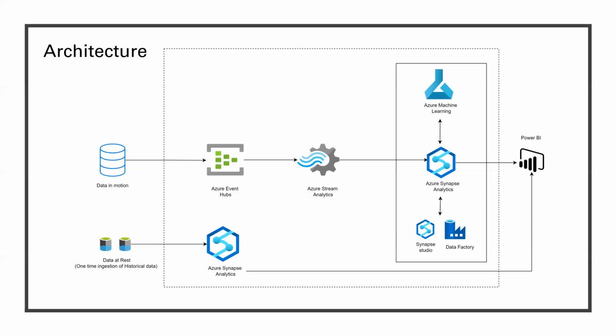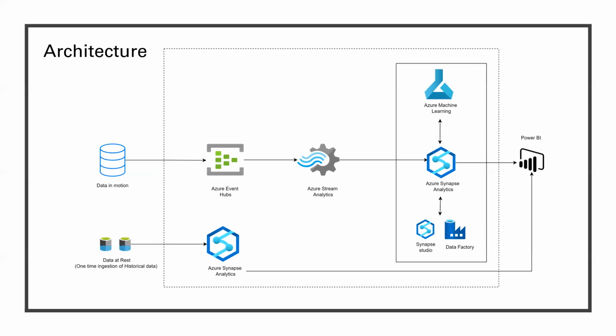So we discussed all the steps of how to design this oil and gas tank level forecasting. Before I move to the potential use cases, I will quickly go through the steps again. Here, the first step is that the data feeds into Azure Event Hubs and Azure Synapse Analytics.